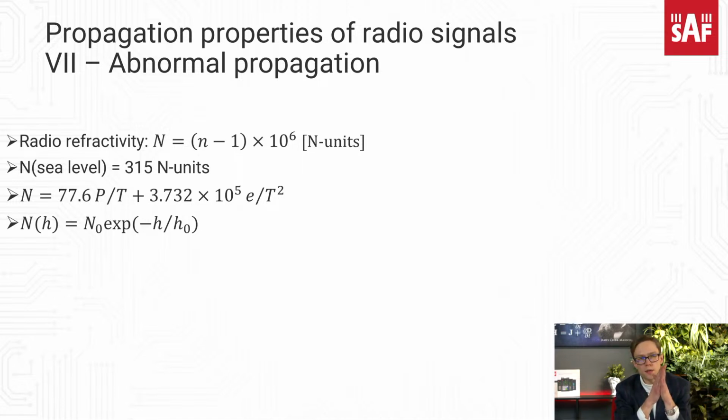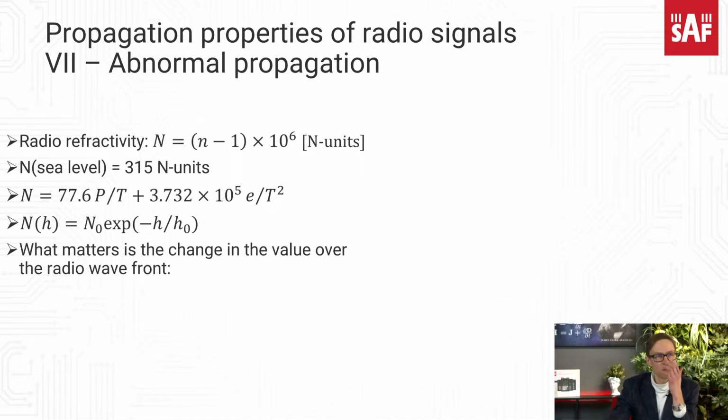And we can express it as a basic N0 and an exponent of the change in the altitude. So yes, what matters for us is a change in the value over the radio wavefront, not just the radio refractivity at some selected point.